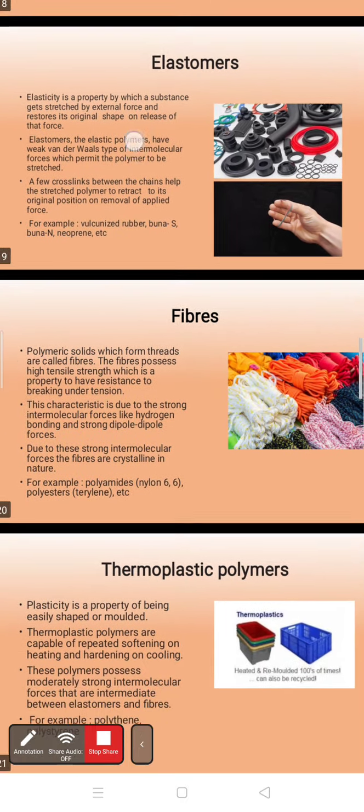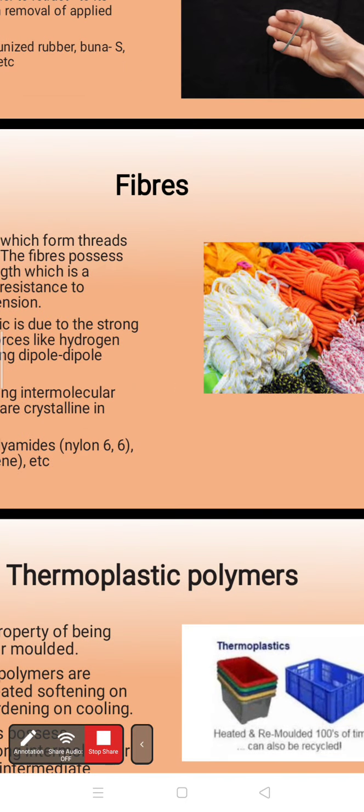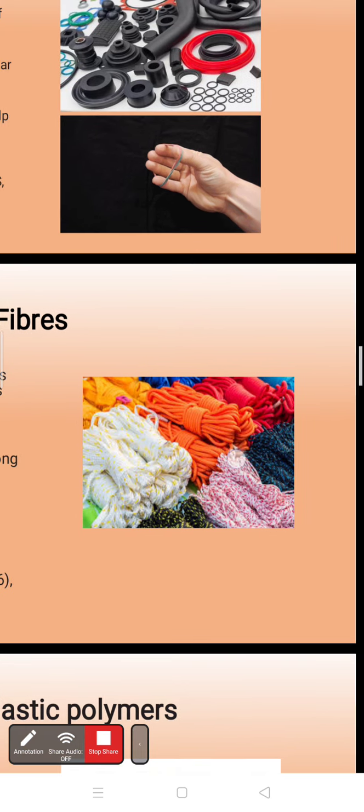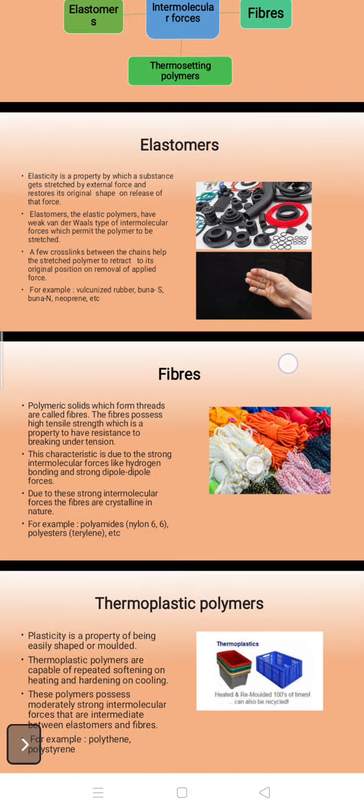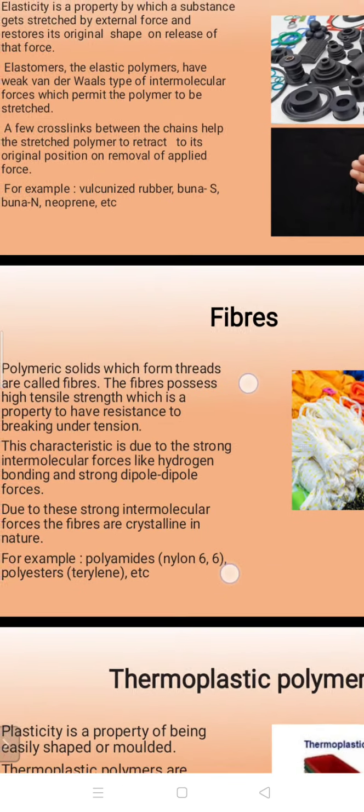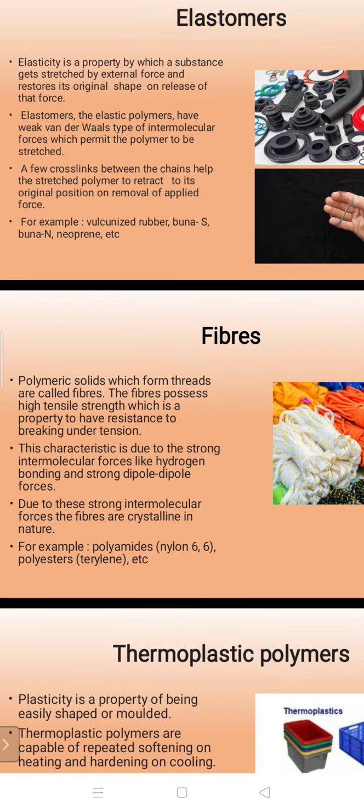Now, on the next slide we will see fibers. Fibers means, as a rough idea in your mind, threads. Various types of threads we see in this picture, and we can give them different colors, but color is not the matter here.